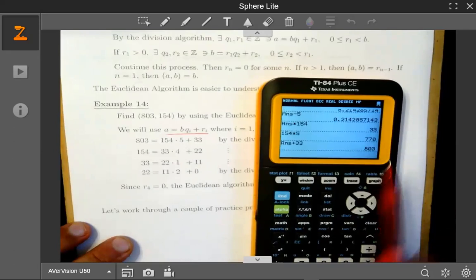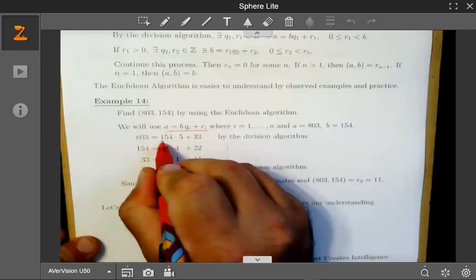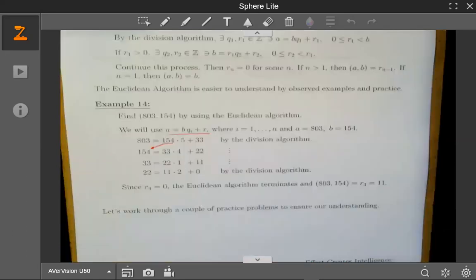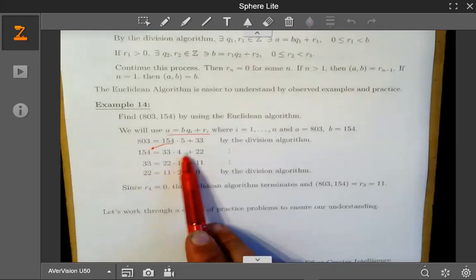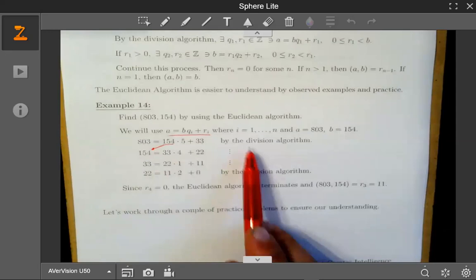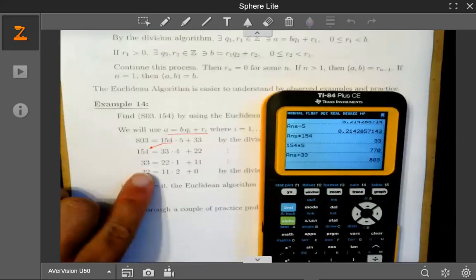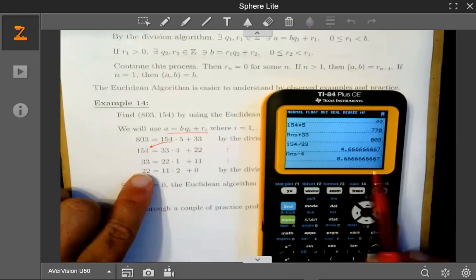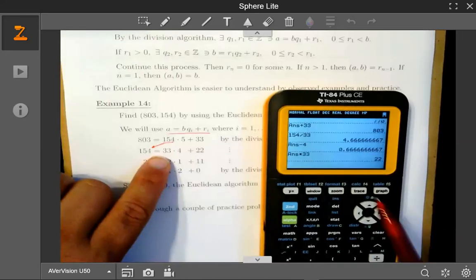So then I'm going to take this 154 and look at what comprises it. Well, 154 is going to be 33 times 4 plus 22, once again by the division algorithm. How can we check this? We can say, hey, 154 divided by 33, there's the 4, subtract out 4, multiply it by 33, and that's where the 22 comes from.